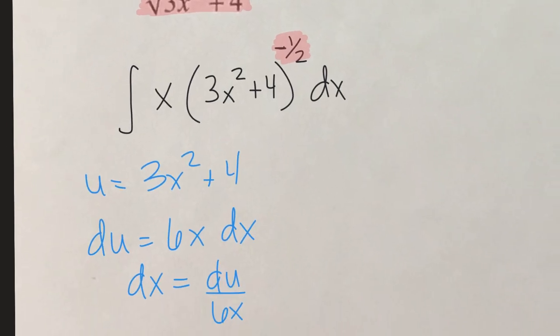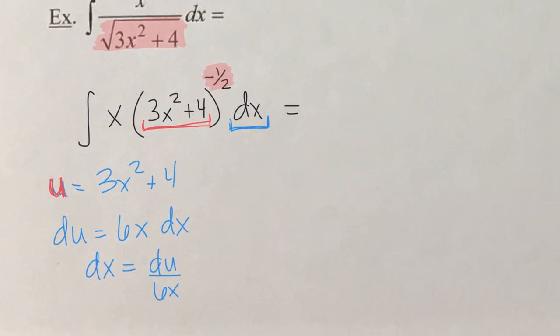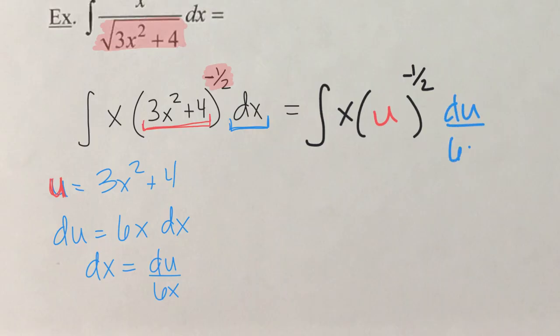Okay, so now let's do our replacing. We're going to replace 3x squared plus 4 with u, and we're going to replace dx with du over 6x, because we still need to have this d something, the width of our little rectangles. So this is the integral of x times u to the negative 1/2 times du over 6x.